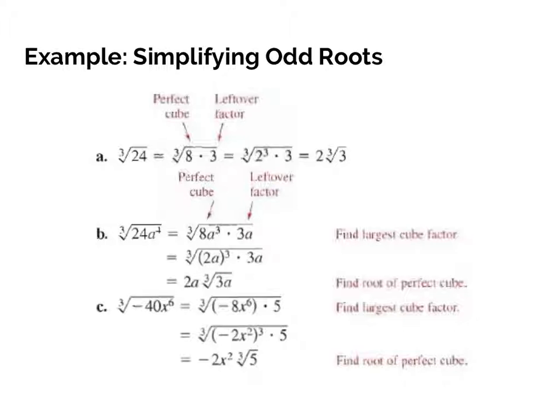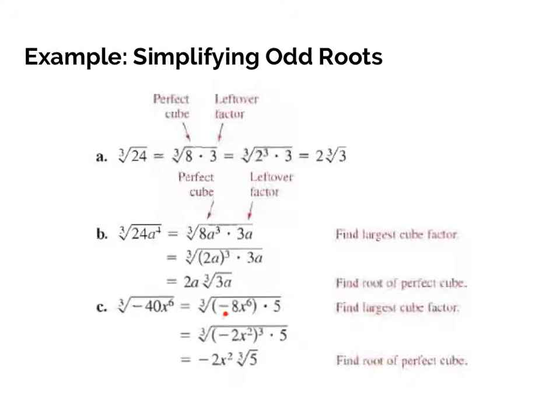Additionally, we have the cubed root of negative 40x to the sixth power. Remember that when we have odd roots, we can have negatives in the radicand. So we'll break this up, and we want that negative to be part of the perfect cube.